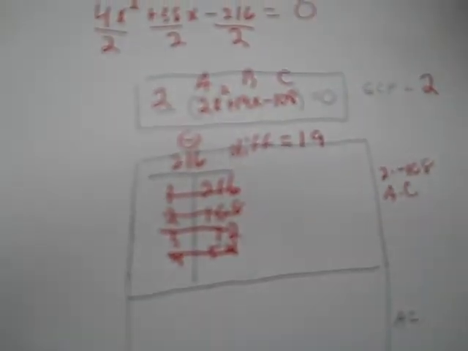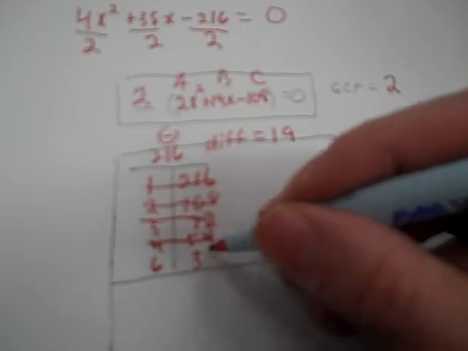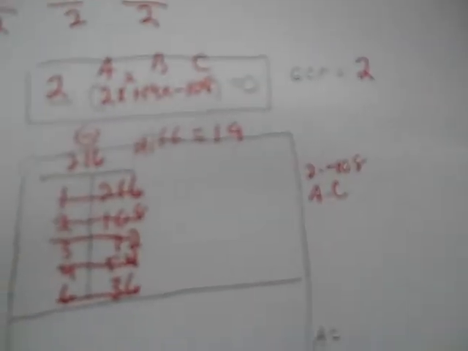That's not 19. 216 divided by 5 is a decimal. 216 divided by 6 is 36. That's not 19, although we're getting closer. 216 divided by 7 is a decimal. 216 divided by 8 is 27. And 27 minus 8 is 19.